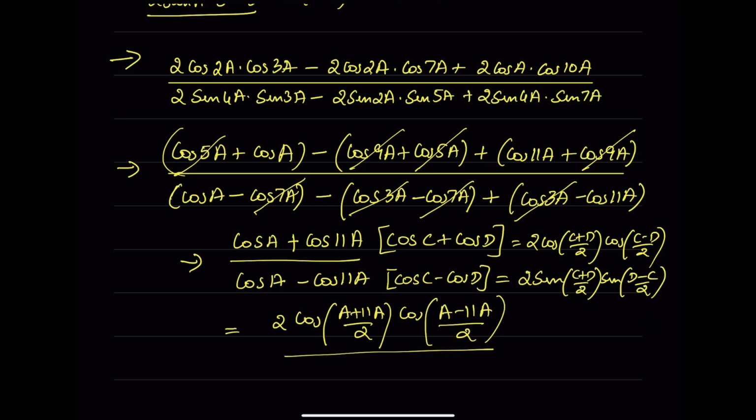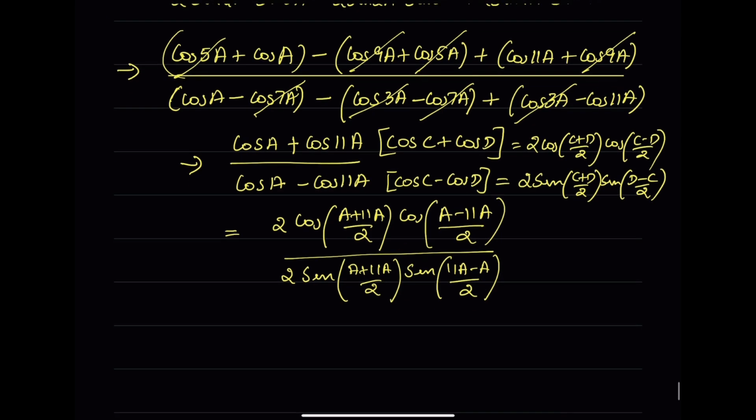So this is one unique thing we have to keep in mind. So let's apply that. So this will be 2 sine (C plus D) is (a plus 11a) by 2 and sine of (D minus C), now it is (11a minus a) by 2.